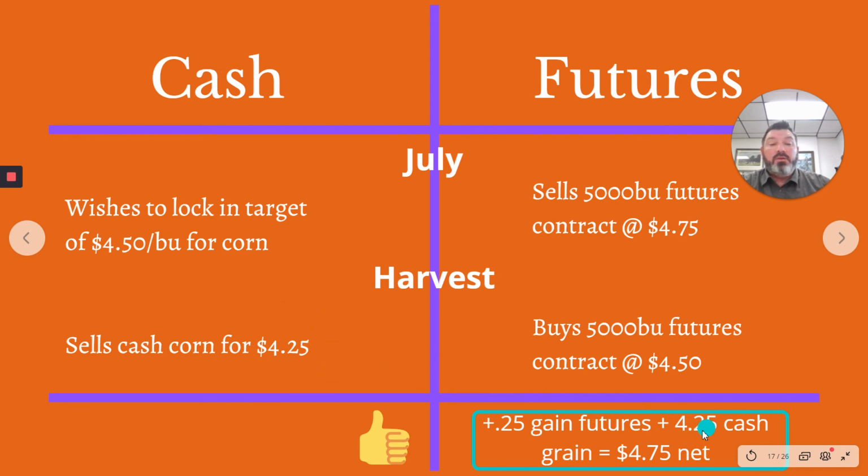And so we netted $4.50 a bushel for our corn. I have a typo here, it says $4.75, but it's $4.50 for our corn in the future in net. So we did really well, and we met our target price despite the typo here.